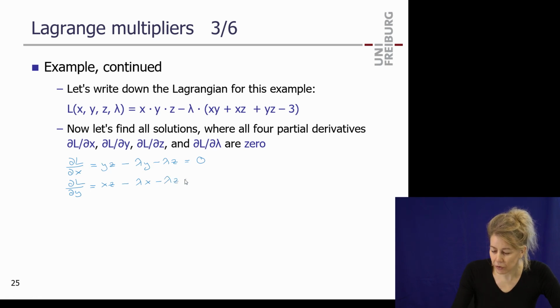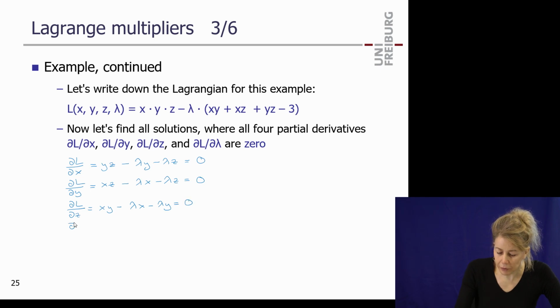This should also be 0. Let me compute the derivative with respect to z. So it's not really hard, it's computing derivatives. This is xy minus lambda x minus lambda y equals 0.